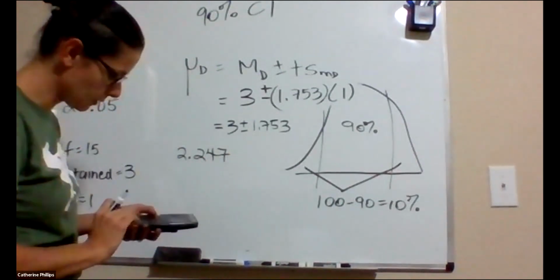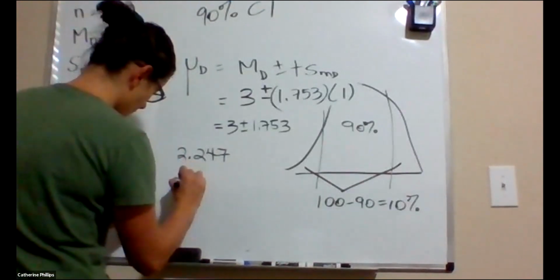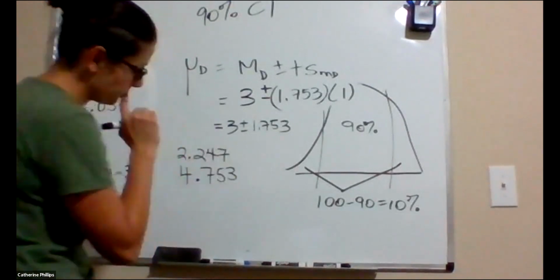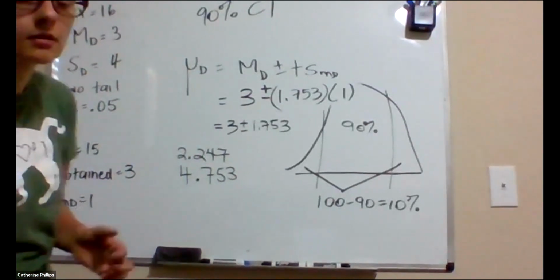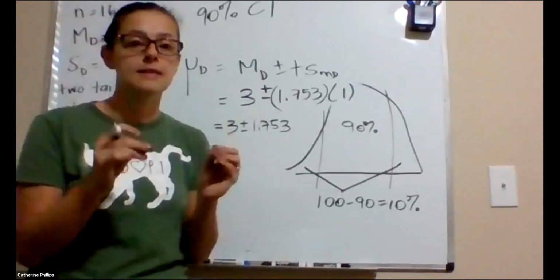And then 3 plus 1.753, we have 4.753. Okay. So those are our values, and I'm going to pause here. I will come back and I will do these same values for 17B.